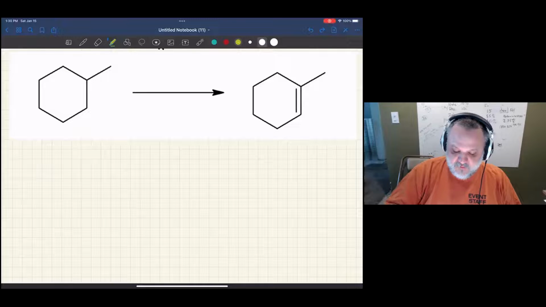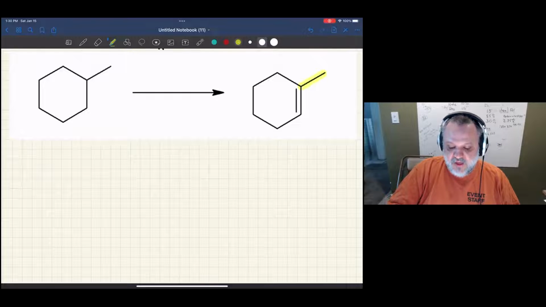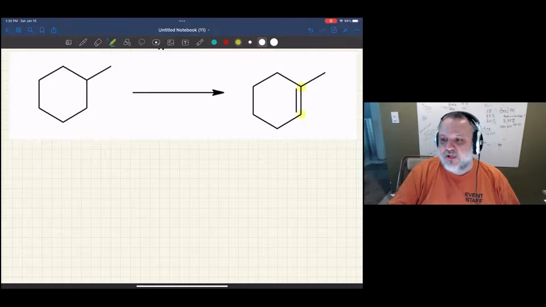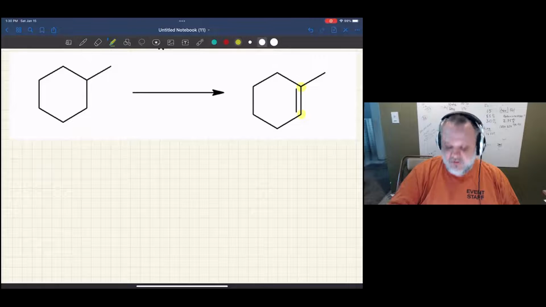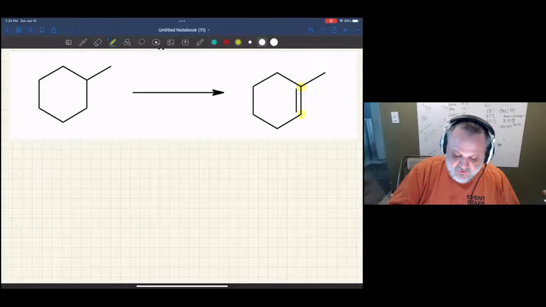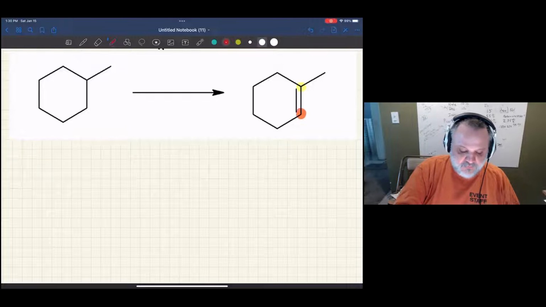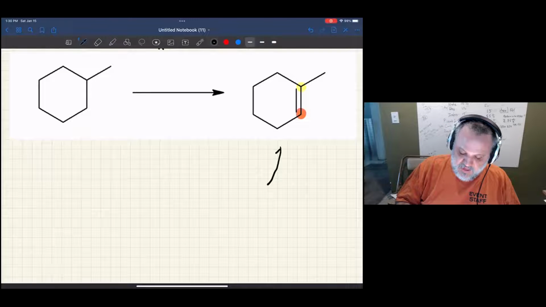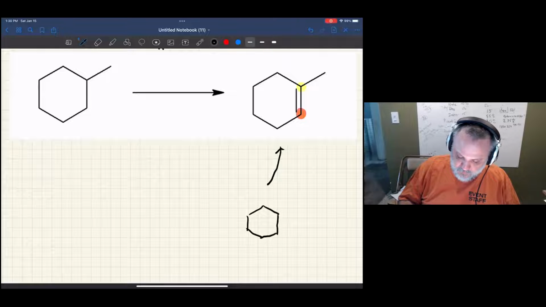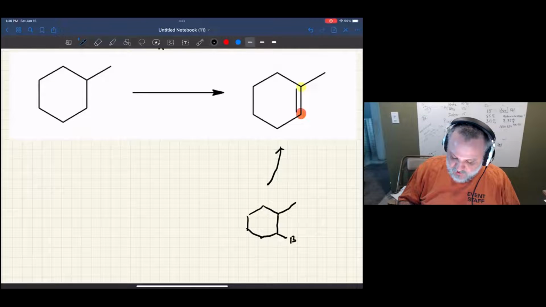Well, there's some options here, right? I could have had something here, or I could have had something there. Those are really the only two options for elimination. So if I had something in, let's call it the red location, and I'm going to go ahead and draw this possible pathway, I could have had a leaving group right here.